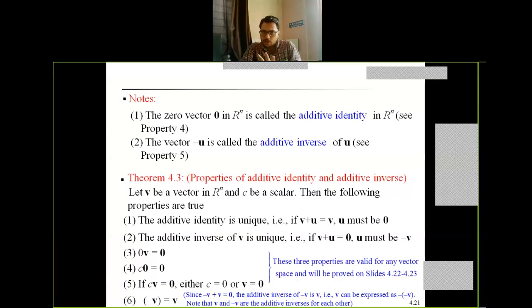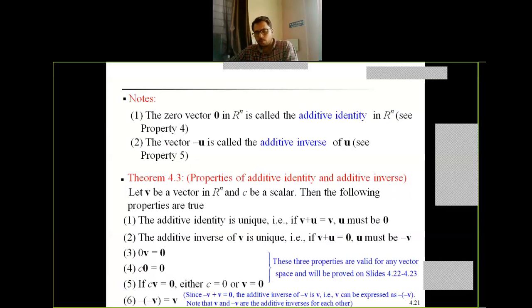So this all depends on the identity which is called the additive identity. How can we say the zero vector exists in your vector space? This is defined by the additive identity. And what is the additive identity that we are going to discuss now? The zero vector 0 in Rn is called the additive identity in Rn.